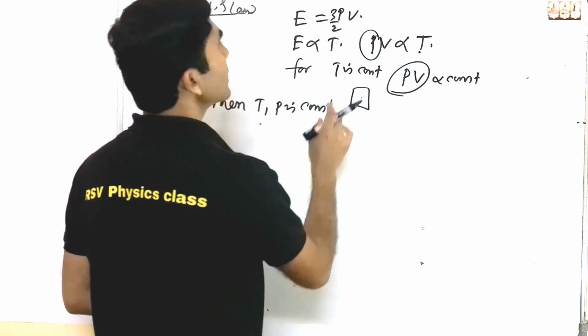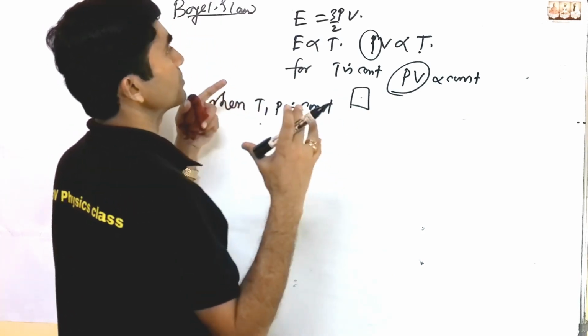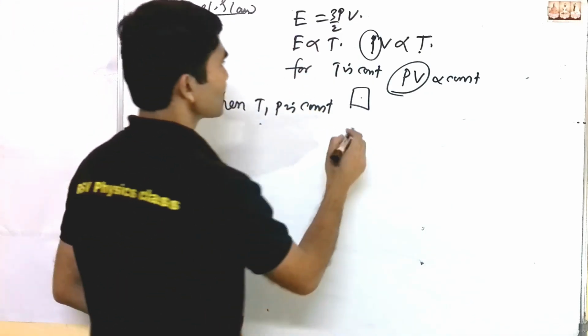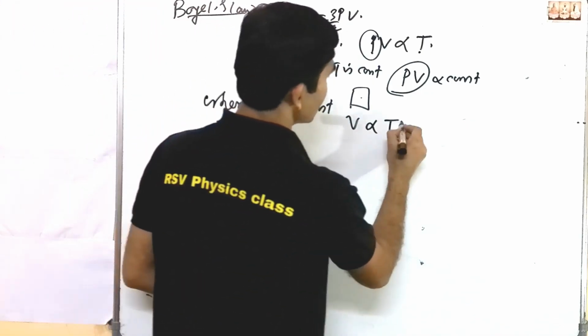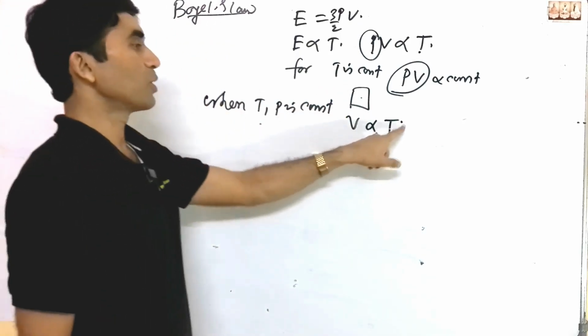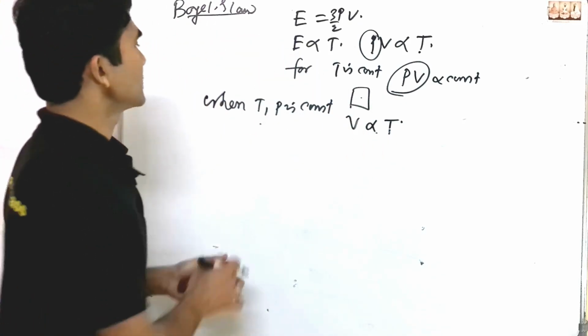So if you are giving temperature, then its volume will increase. So V proportional to T. So if you are giving temperature to this system, then its volume will increase. So ये आपका चार्ल्स लॉ.